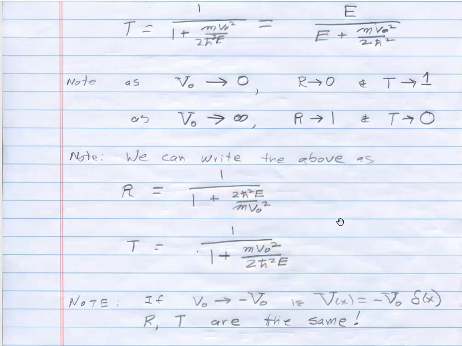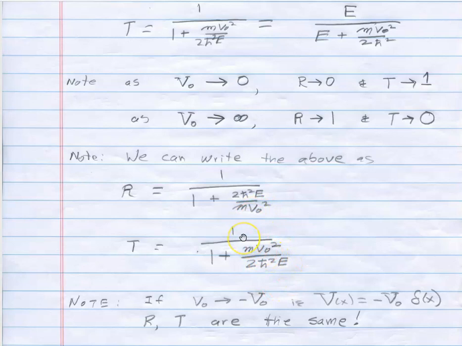And the thing that's interesting about those two relations, as you can see most easily in this form anyway, is it doesn't really matter whether this is an attractive or a repulsive delta function potential. We worked it for the repulsive delta function potential where V naught was positive, but if V naught went to minus V naught to make it an attractive one, it only enters in these coefficients as V naught squared.